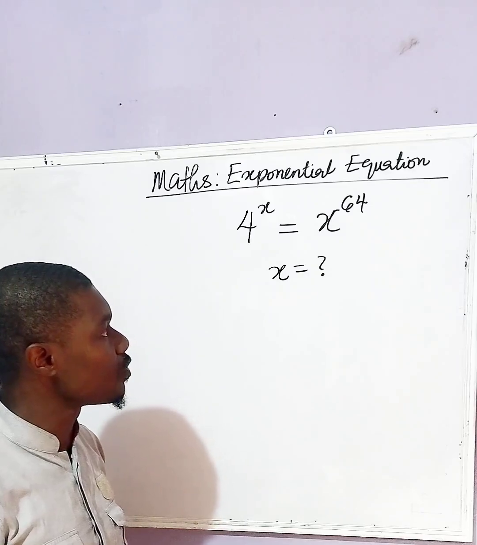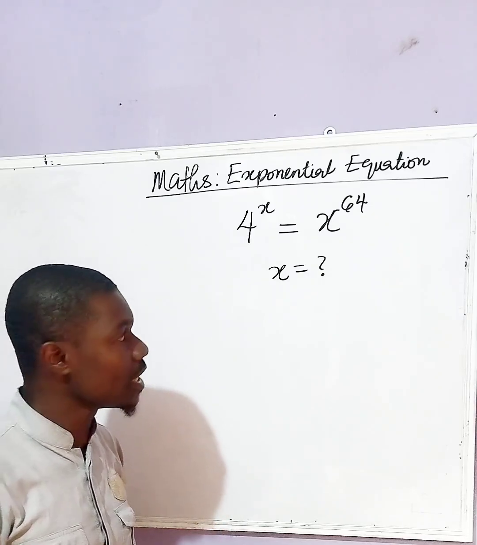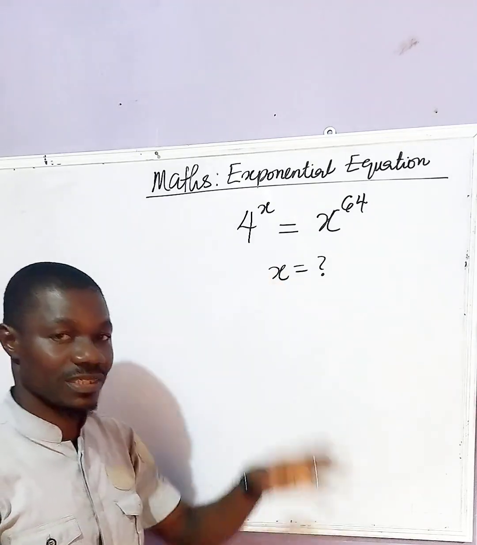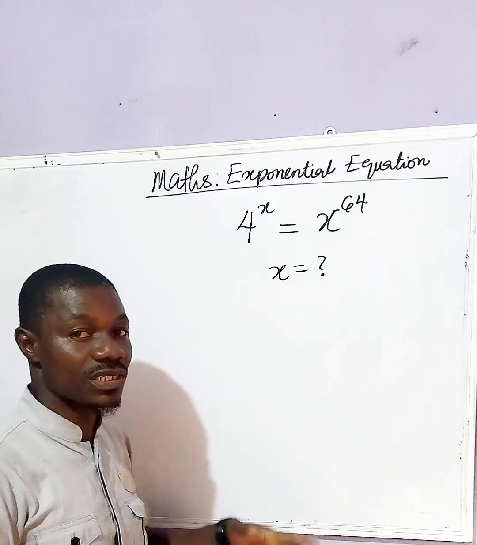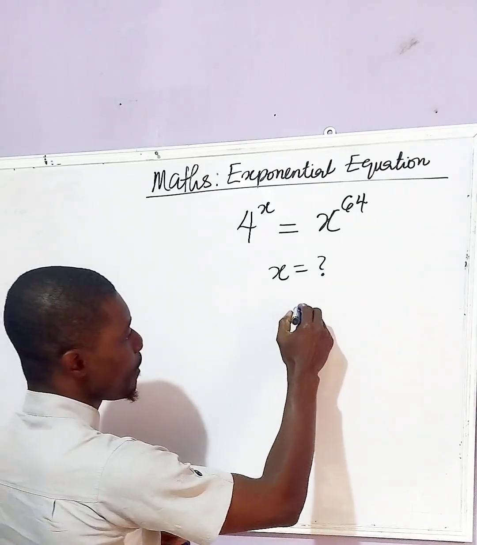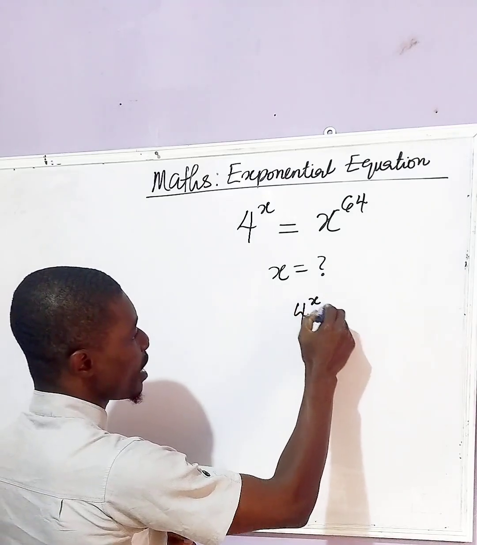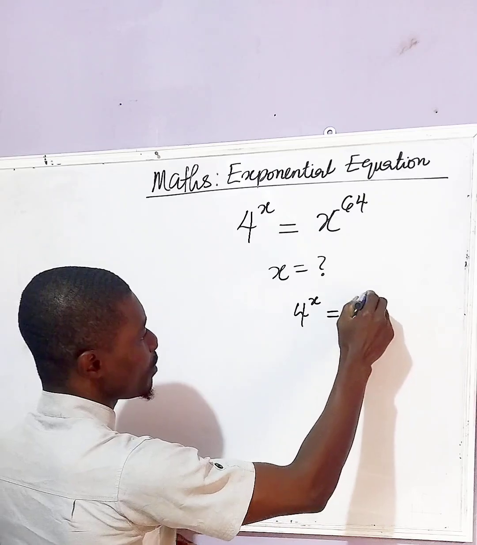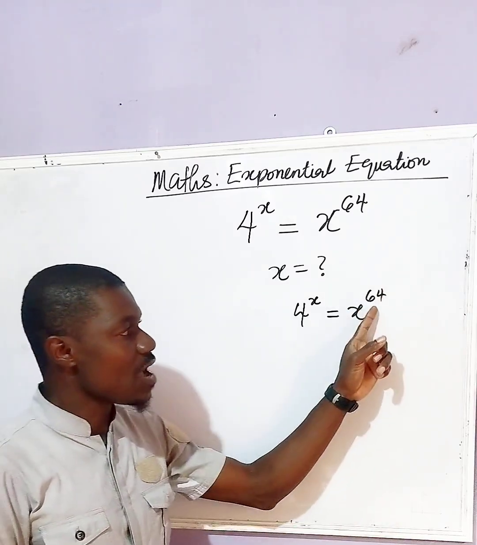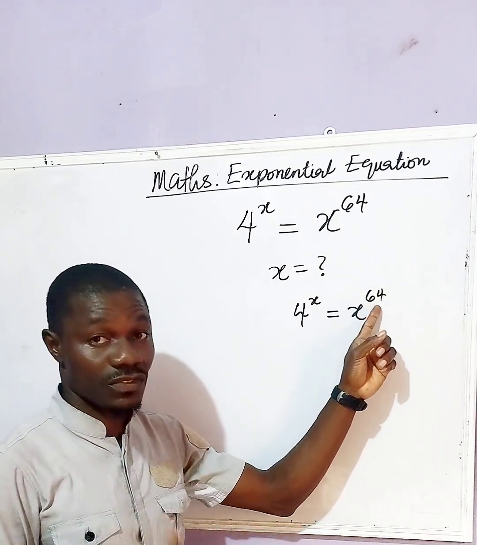First of all, what we need to do here is to see a way to bring the x's together and to bring the real values together. So here we have 4 raised to the power of x equals x raised to the power of 64. For every exponent, let's start with 64.